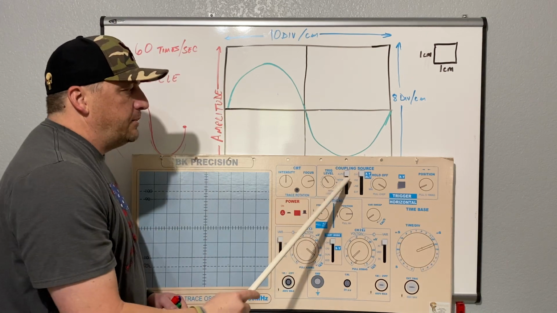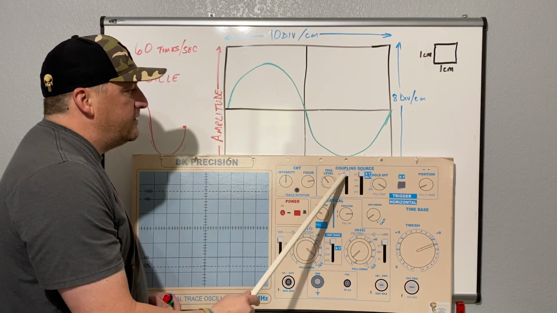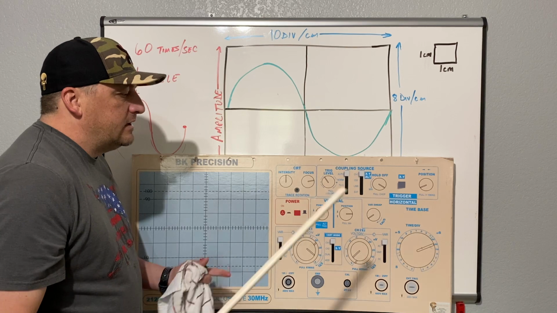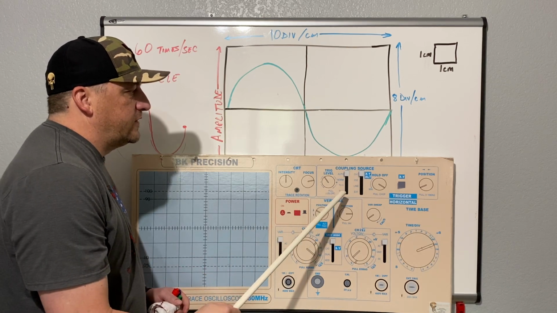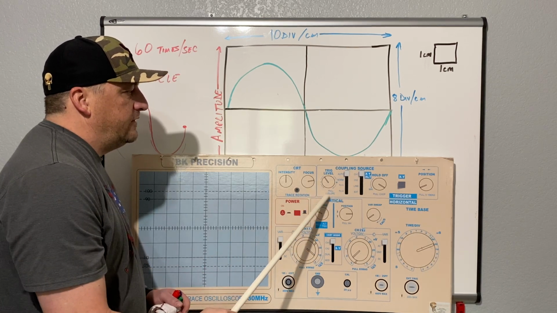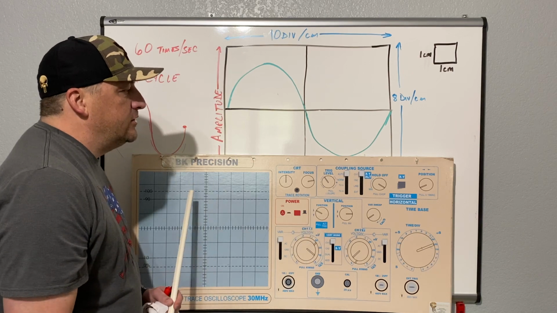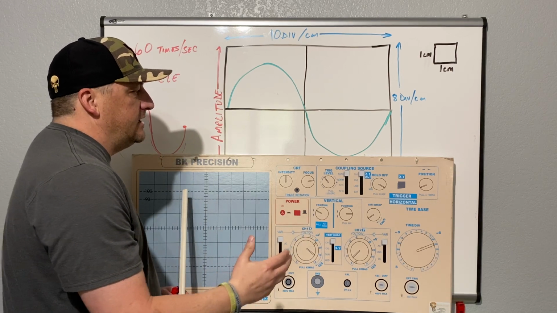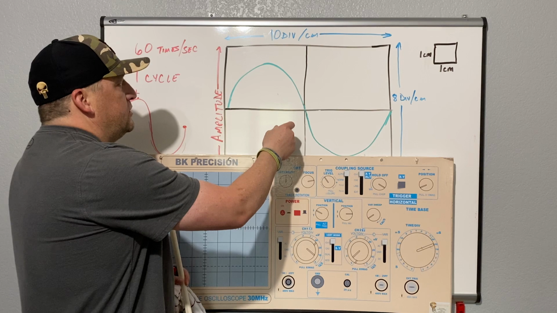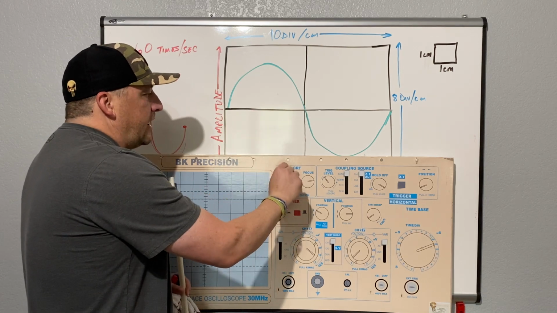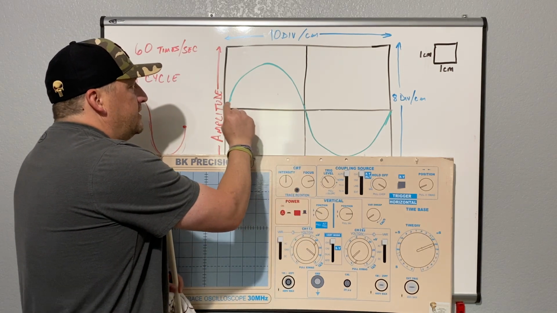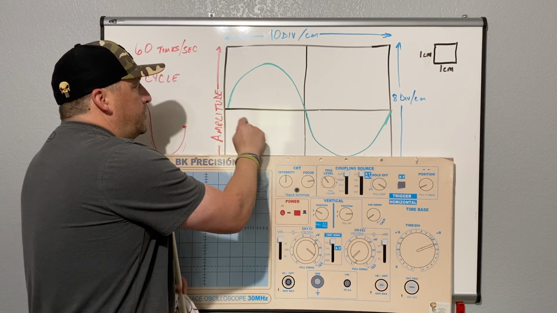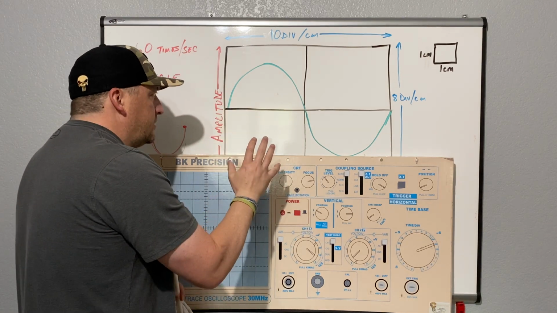Okay, so coupling source here. We want to have it on auto, and channel 1, which is not a huge deal for us. Trigger level is basically the adjustment as to where you want the oscilloscope to pick up your trace, to start your trace.